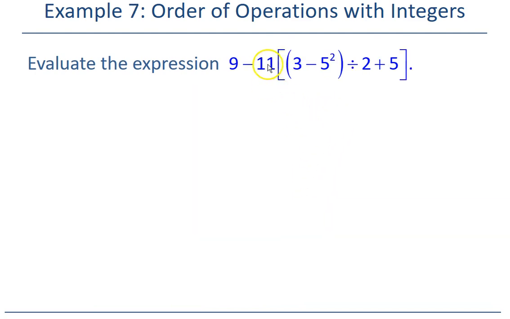Now here we see the brackets and then parentheses and some exponents too. This one's a little tricky. So what we do first is get rid of our parenthesis here. Now this is a -5 squared, but the only thing that's squared here is the 5.